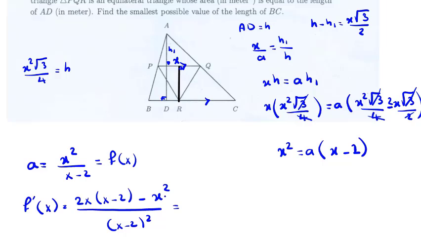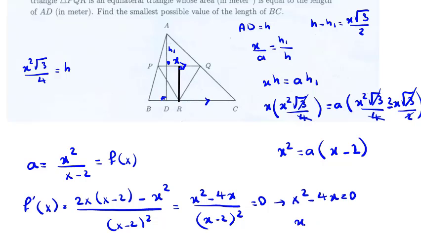It will be 2x squared minus x squared minus 4x over x minus 2 squared. So it is equal to 0. We can conclude x squared minus 4x equals 0. So x times x minus 4 equals 0. x equals 0 is impossible, so x equals 4.